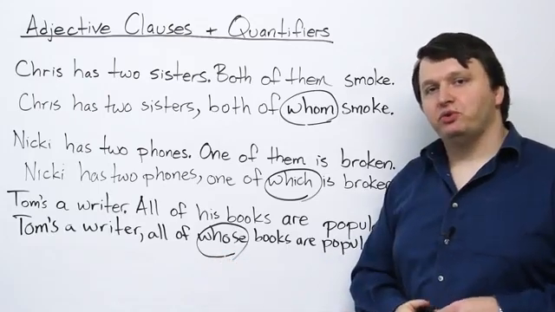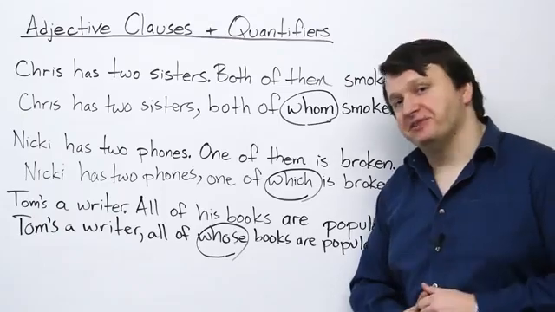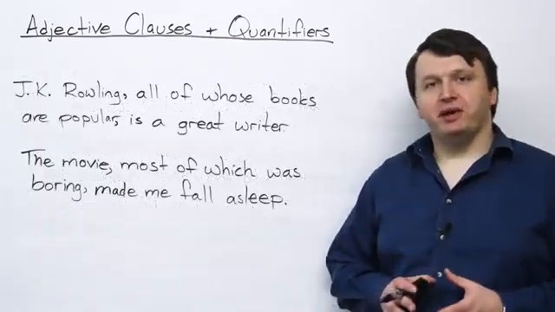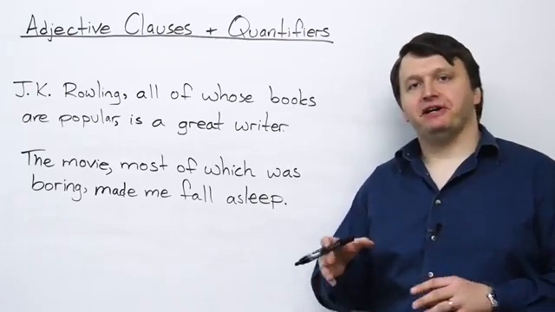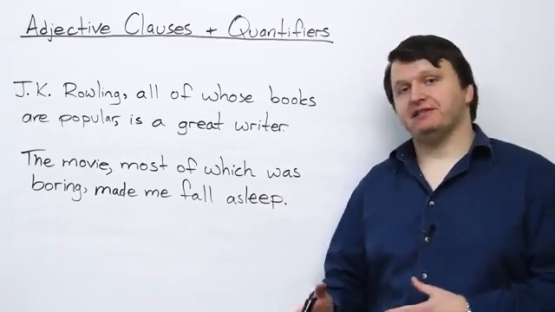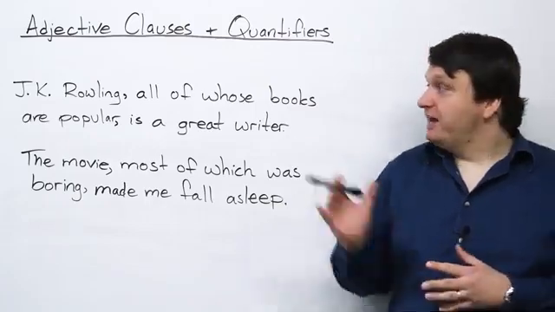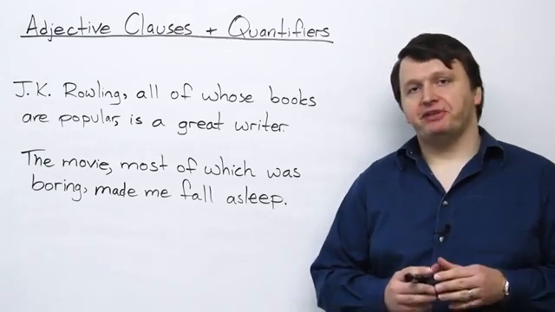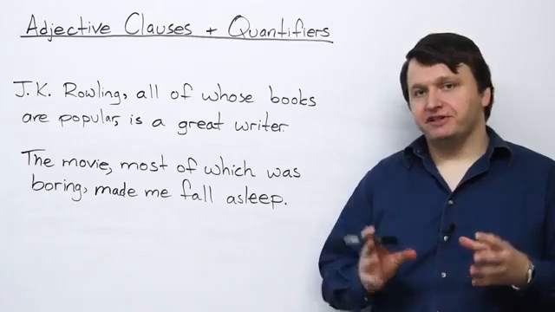And let me just show you one more little thing about this structure, and then you guys can do the quiz. Okay, so in the previous examples, you saw the adjective clause with its quantifier in the second part of the sentence. That is not the only possible position. As you can see in these two sentences, it is also possible to put the adjective clause with the quantifier in the middle of the sentence.